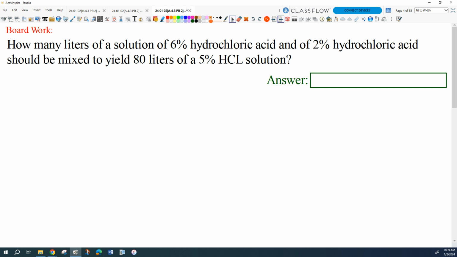Okay. Now let's think what that means. Like in chemistry, if you're talking about a 6% hydrochloric acid solution, how much pure acid is in that? 6%. What's the other part? What's the other stuff probably? Water. Yeah. Right. You're just mixing it in water.